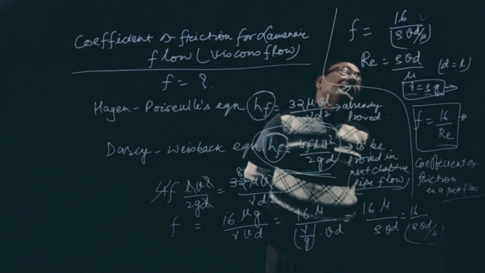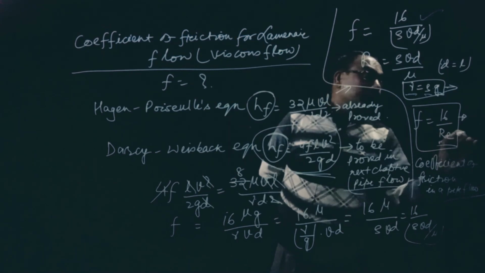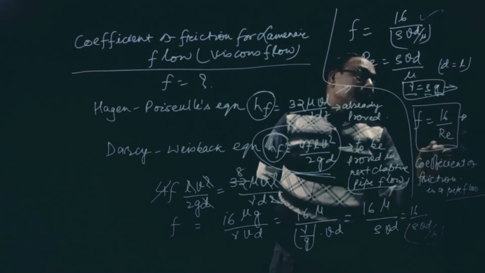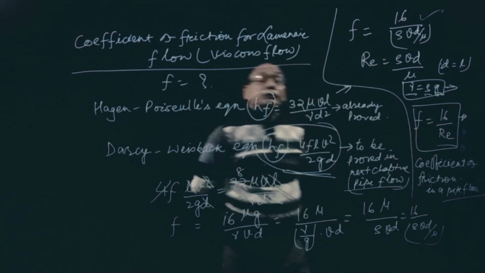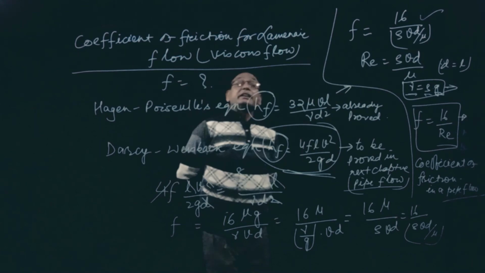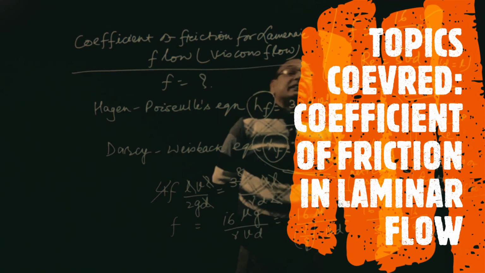If we know the value of Re, substitute it in F equals 16 by Re, and that value will be our coefficient of friction for laminar flow. The rest I will discuss in the next class.